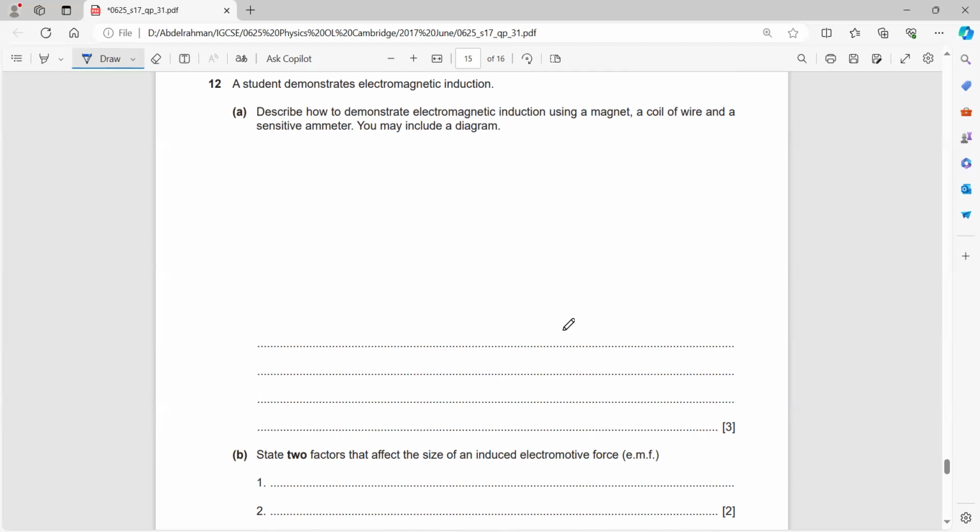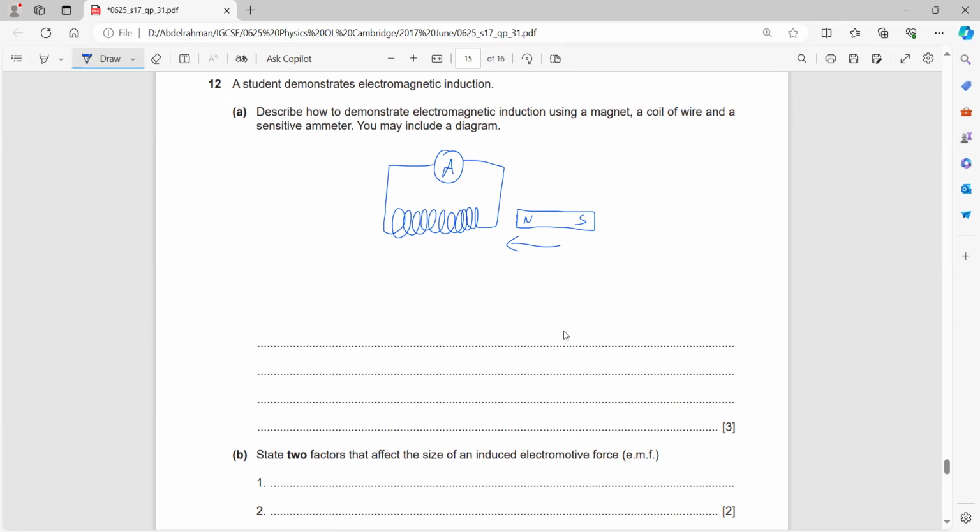I need to induce current using a magnet. Very simply, I have an ammeter which is connected to a coil, and then I have the magnet, north and south, for example, and this magnet will start to move to the left.